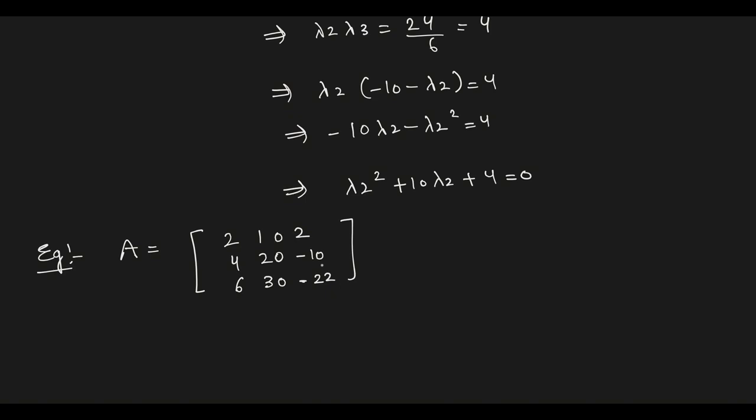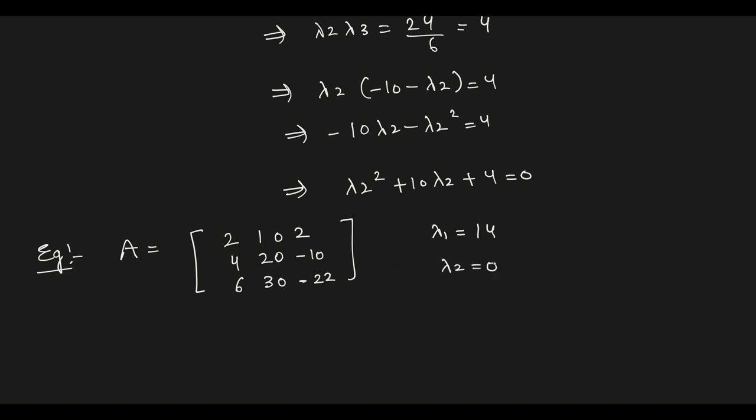So one value is 0, one is 14. Row sum is 14. So one of the eigenvalues is 14. Another one is 0 and the second one is also 14. 14, 14, 0 is coming.